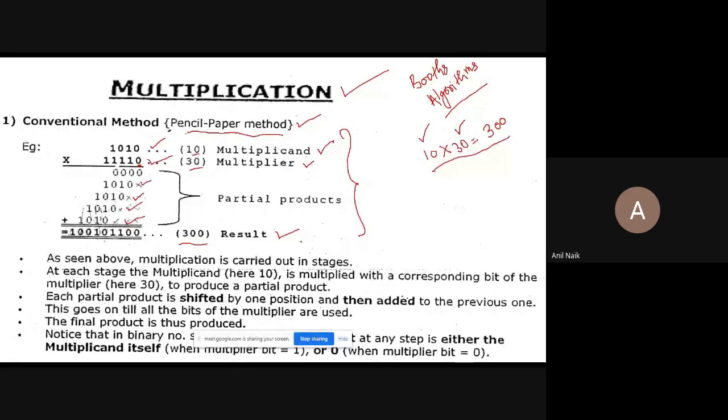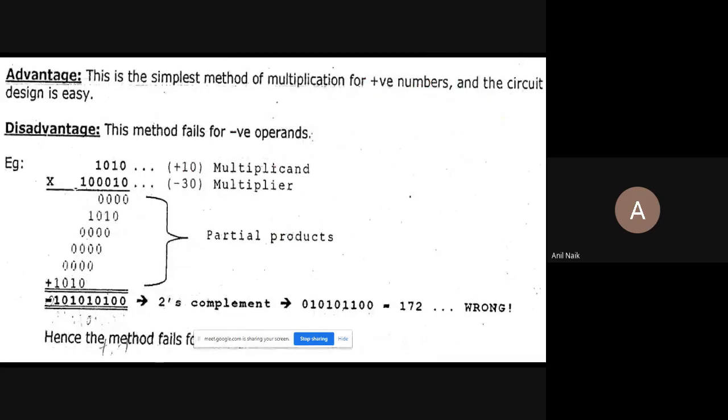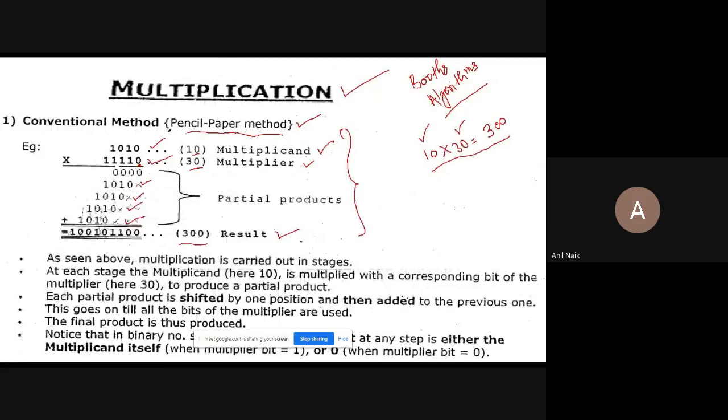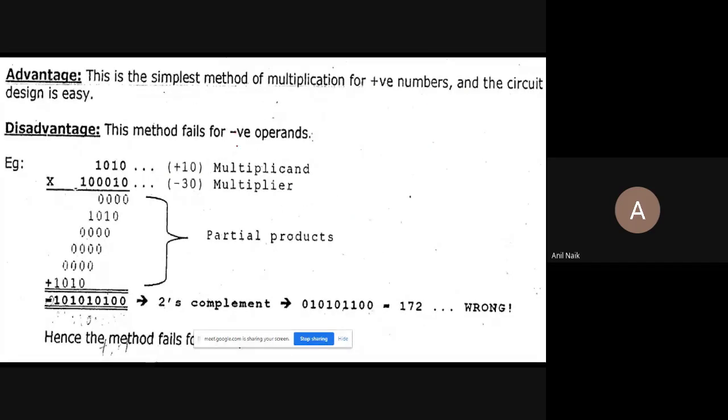But the drawback is that if one of the numbers is negative, then this conventional pencil and paper method will not work. For negative operands it will not work. You can check also.